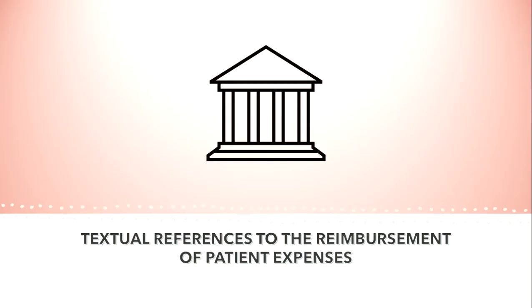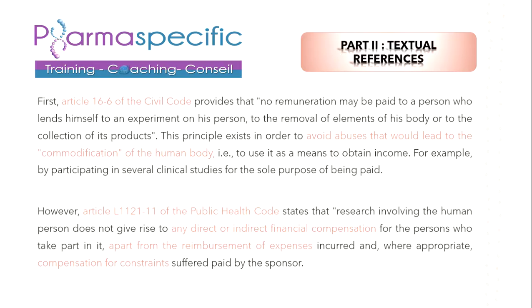So part 2, let's see what are the textual references to the reimbursement of patient expenses. First of all, we have Article 16.6 of the Civil Code, which provides that no remuneration may be paid to a person who lends himself to an experiment on his person, to the removal of elements of his body, or to collection of its product.